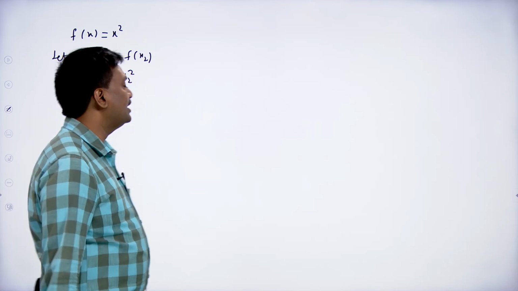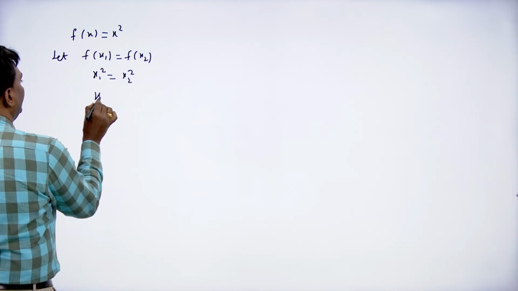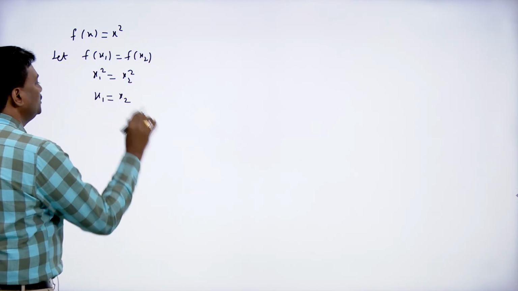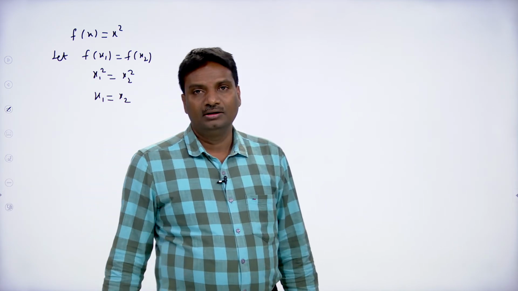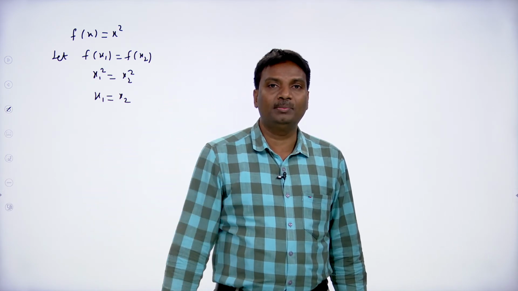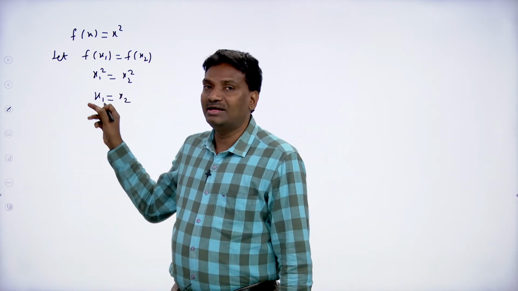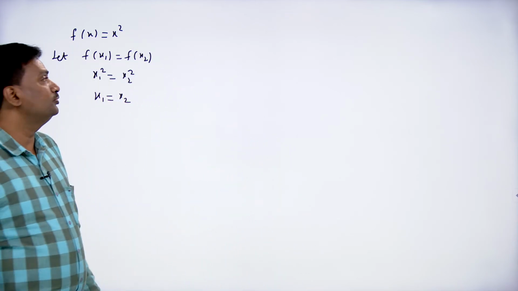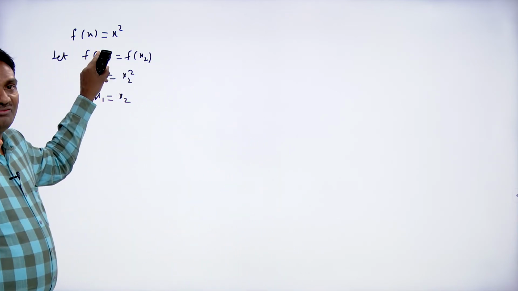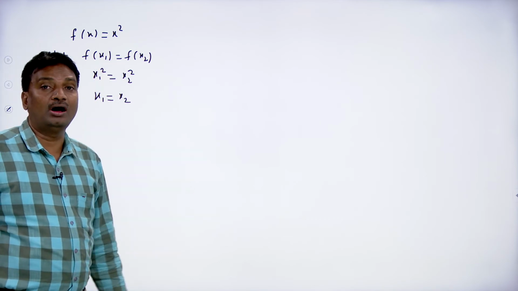By taking square root on both sides, you will get x1 equal to x2. Actually, you will get plus or minus. x square equal to 4 means x equal to plus or minus 2. But here consider only plus, don't consider minus, because we are defining the function on the domain R plus.